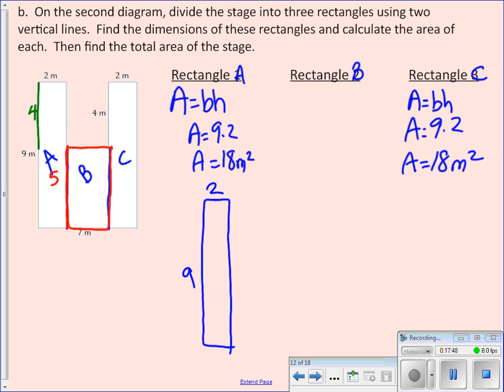Now, if this whole base is 7, and this part is 2, and that part is 2, and I bring those down, 2 plus 2 is 4. How much is left to make my 7? 3. So now I see here, okay, so rectangle B is 5 times 3.